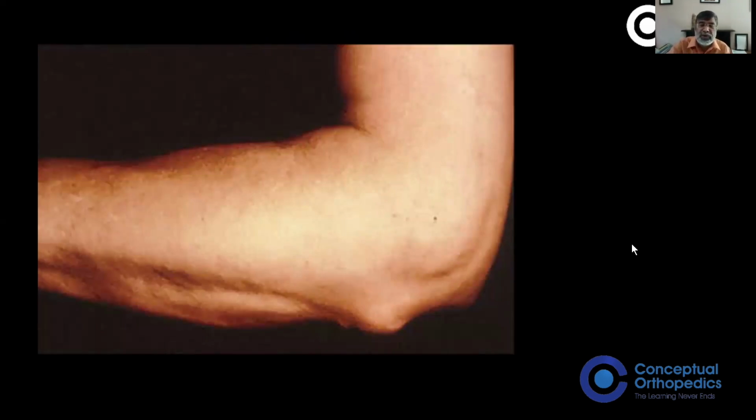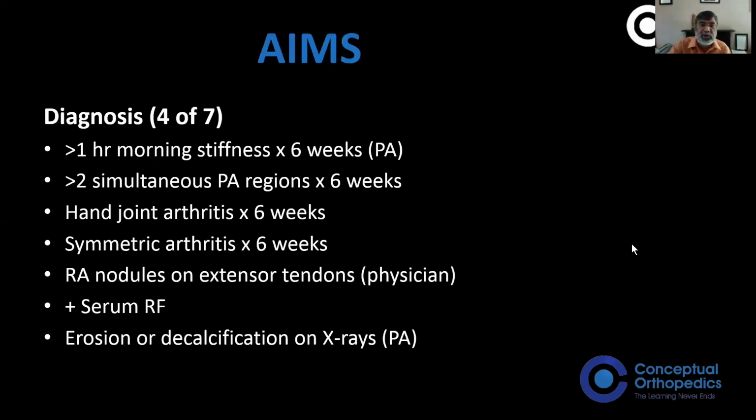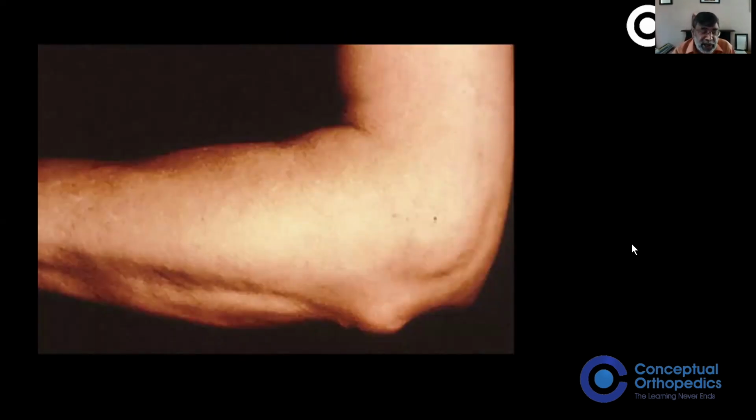So if you go back and see this rheumatoid nodule, and what I told you, that this is a symmetrical arthritis involving many joints of hand and wrist. So I have already told you it is involving the hand, it is involving many joints, it is symmetrical, and I have shown you a nodule, and I have already made a diagnosis. You don't need anything else.